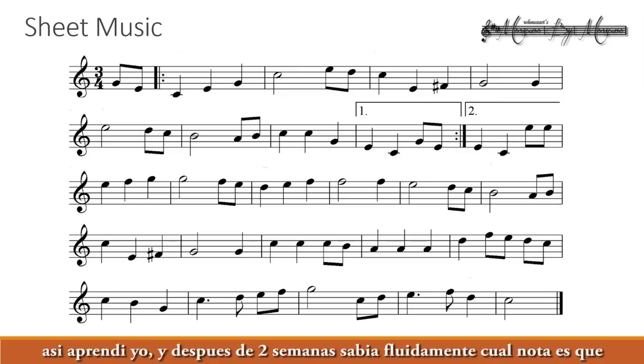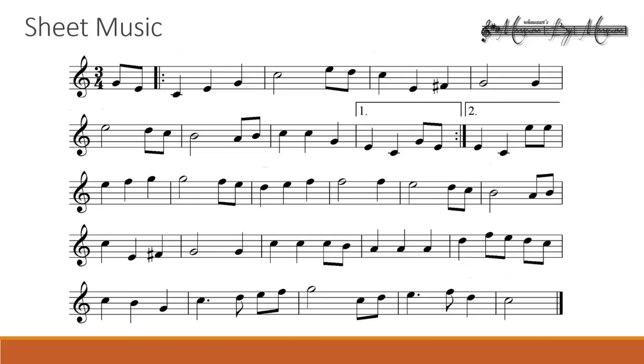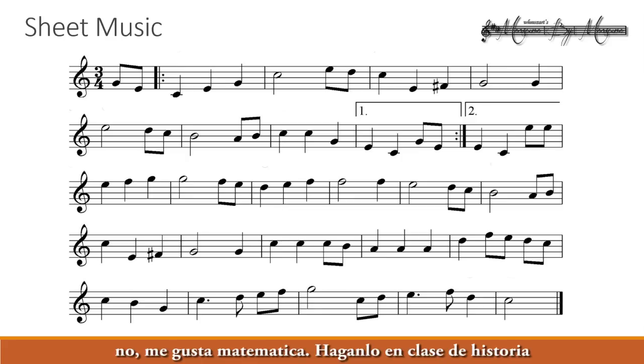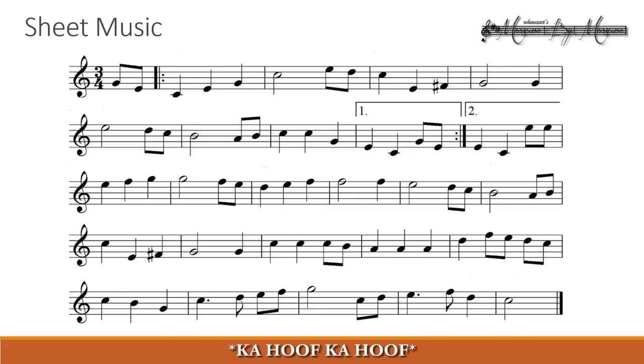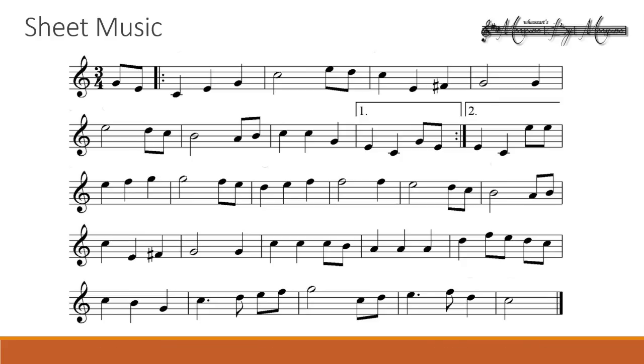I think after 2 weeks I was pretty much fluent in knowing exactly which note was what. So do that when you're bored, when you're in history class or math. No, I like math. Do it in history class. No, I don't want to condone that kind of behavior, but do it whenever you're bored and you have a second, or it's actually therapeutic and relaxing.